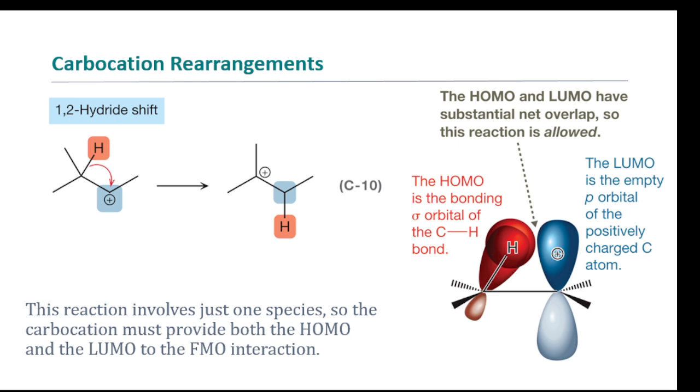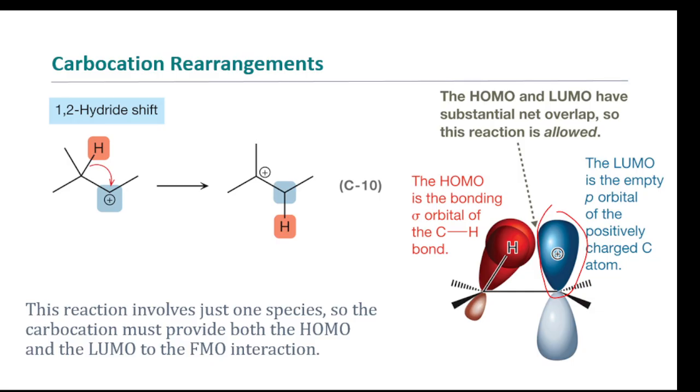And so what you have here is the bonding orbital, which is, again, a HOMO. This is going to overlap with the LUMO. Interestingly enough, this is actually the HOMO and LUMO on the same molecule, which is pretty funny, right? We're actually having the HOMO and LUMO on the same molecule overlapping.